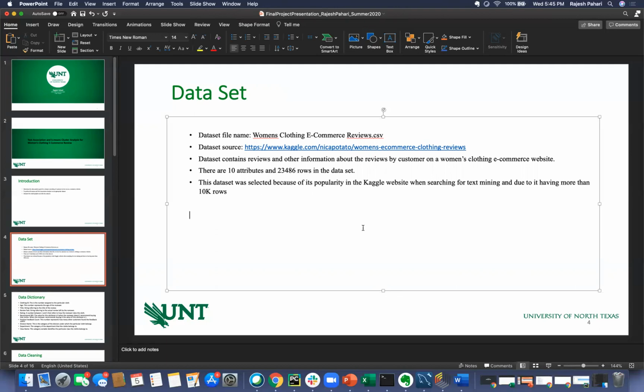I selected this because when I looked up text mining on the Kaggle website, this seemed to be one of the very popular datasets, and it contains more than 10,000 rows, which is ideal for our case because the requirement was that we need to have at least 6,000 and a maximum of 10,000 rows.